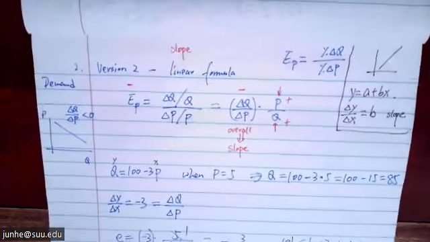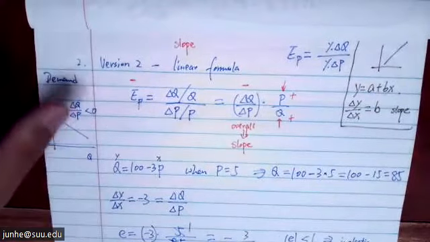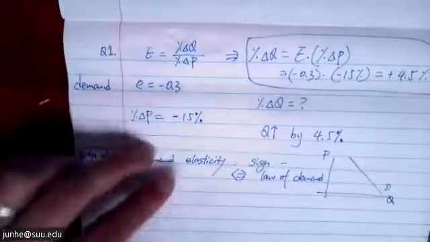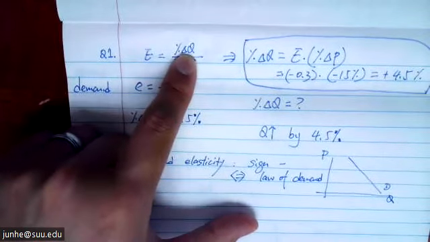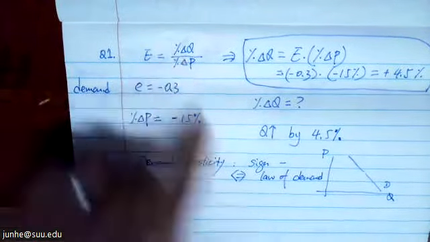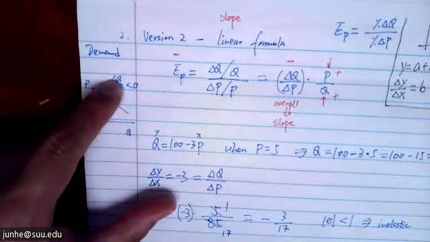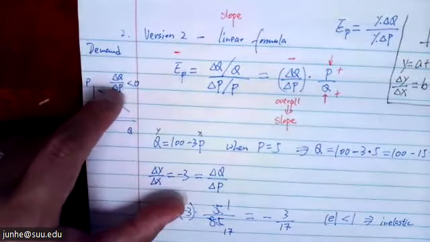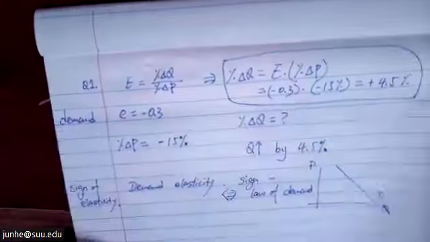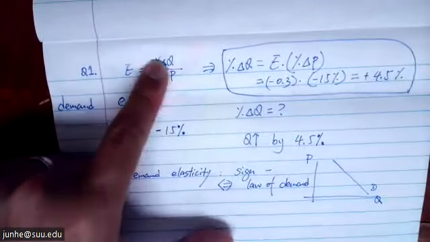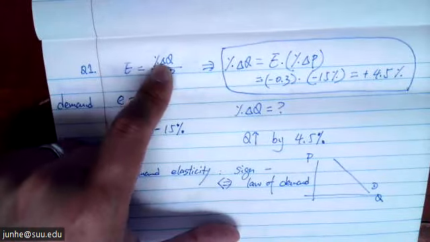It is consistent with our original understanding under the percentage change version of elasticity. And it is also consistent with the law of demand in the sense that quantity and price change in the opposite direction. Even in percentages, they are still changing in the opposite direction.